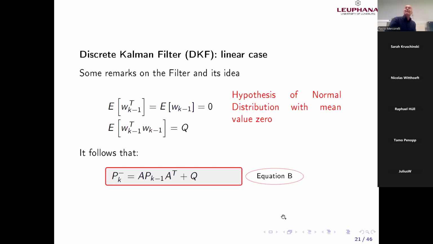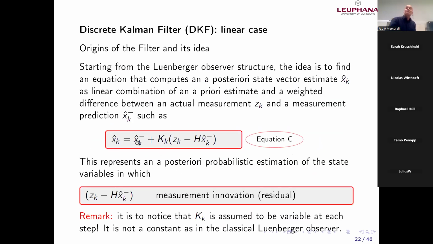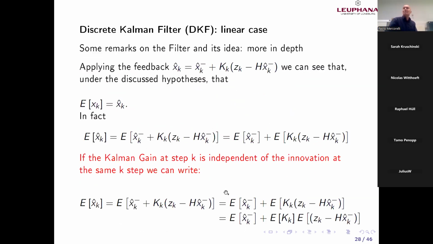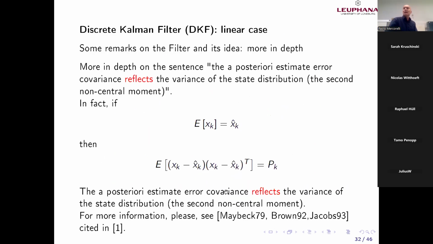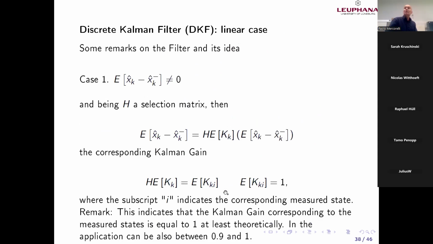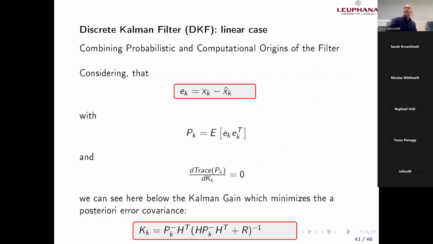But everything is dependent on Kk, because xk hat has this expression here, which depends on Kk, because it's here. It's here. It's here. If you do this boring calculation I show you in the book, at the end, believe me, it's easy, even though boring, to calculate Kk, which is this one.